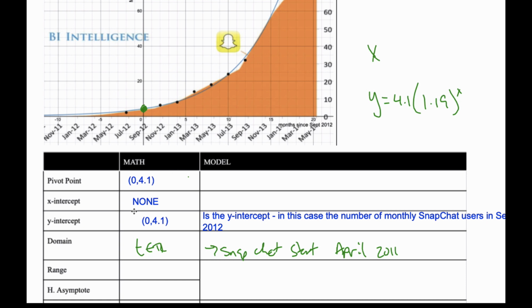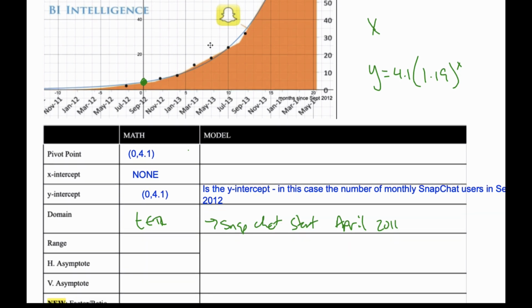The range, though, is possible y values. In this case, that's monthly users. Well, if I consider that, I know then that my monthly users, the y value, will always be bigger than 0. All right. We also have a horizontal asymptote, which in this case was y is equal to 0.